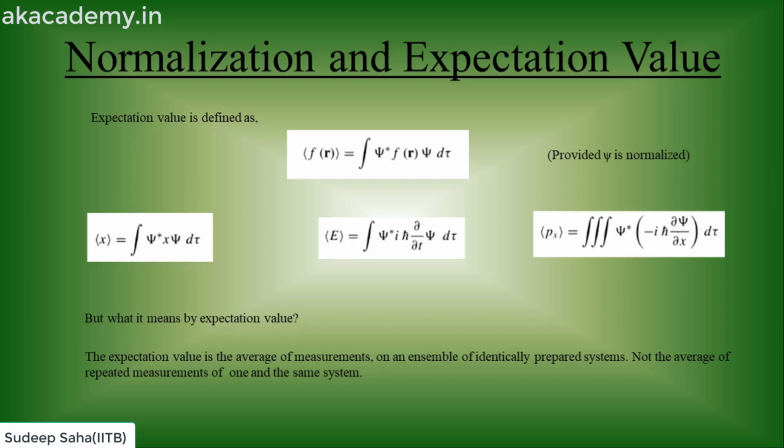So we cannot really know the initial state of the particle. What will happen if we take one system with one particle and try to measure its position over and over again?